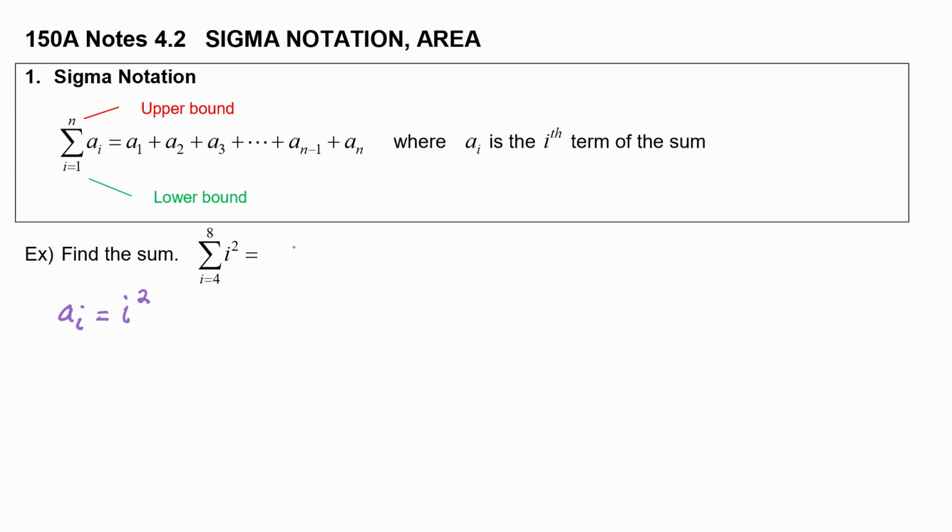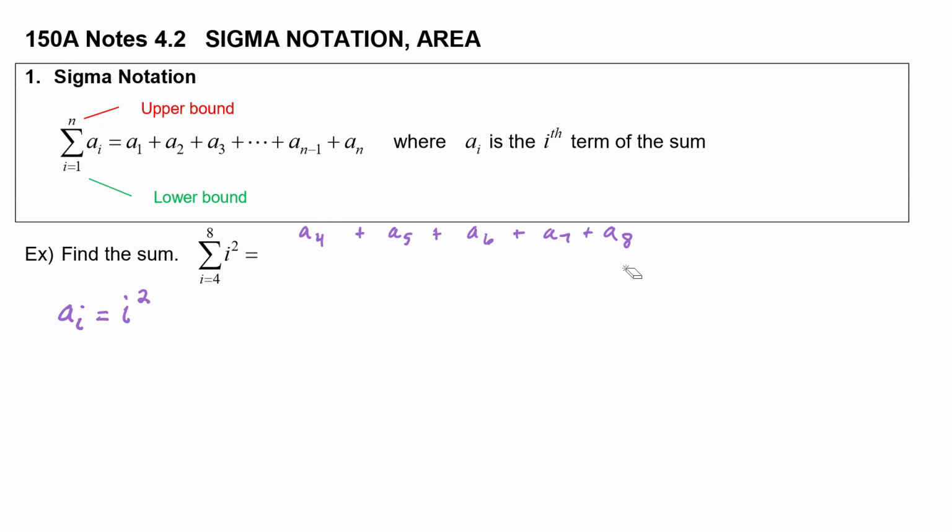So we are going to take a4 plus a5 plus a6 plus a7 plus a8. And that's what this means. Take these terms and add them up.